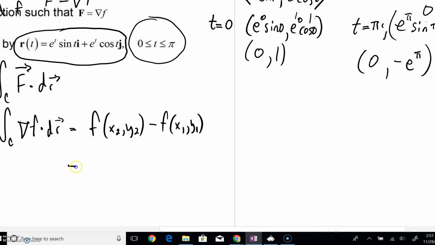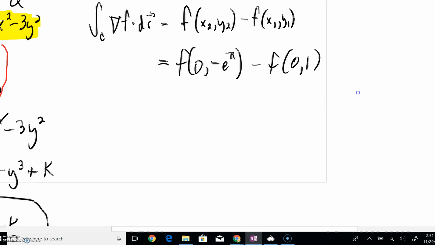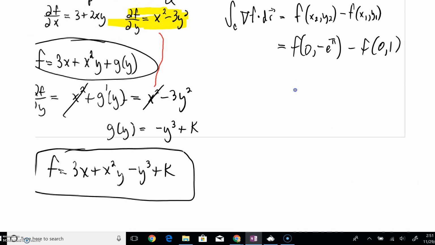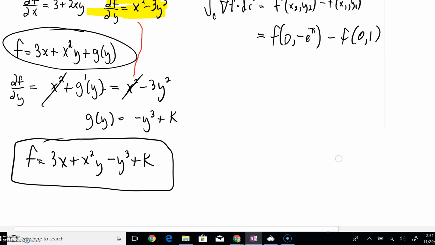We're going to be saying go to your ending point minus plugging in your beginning point. And we now know the function that we're talking about. It's this function that we have right here. So let's do that real quickly.